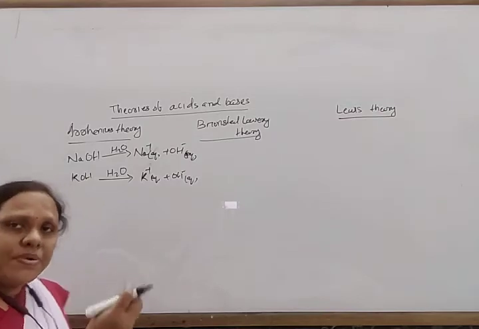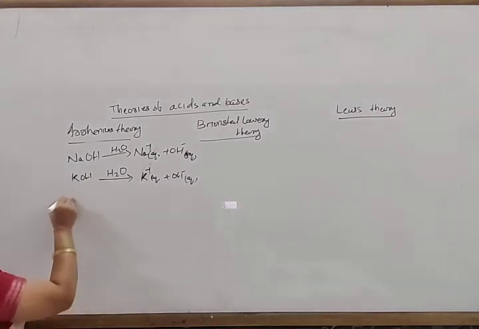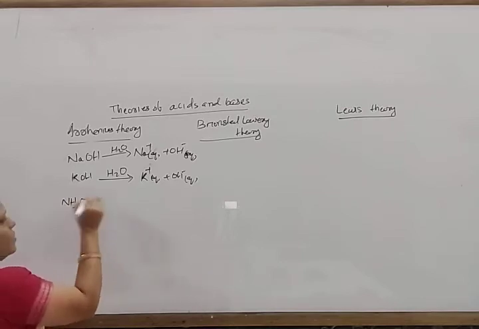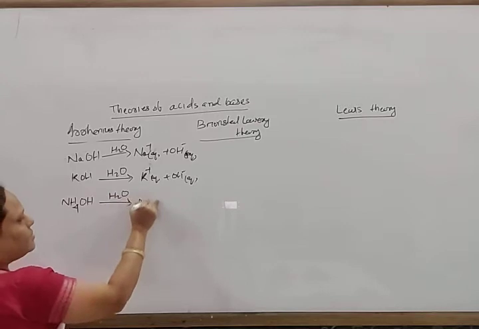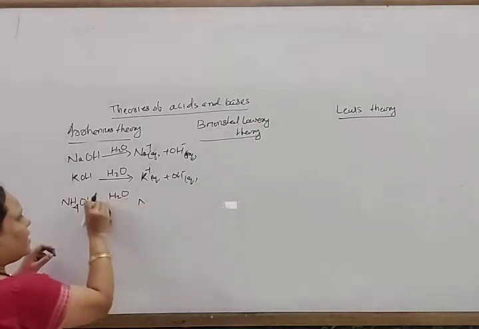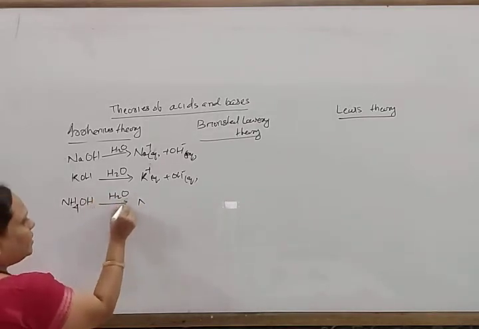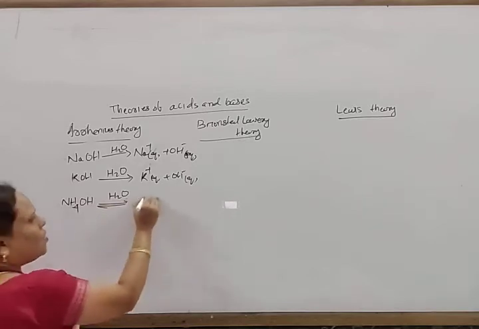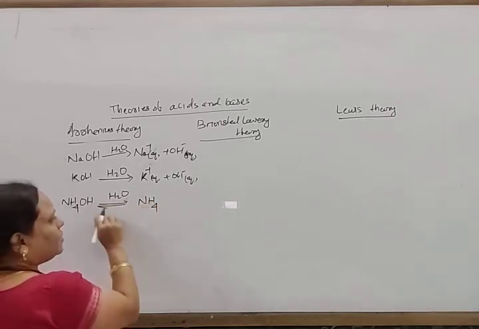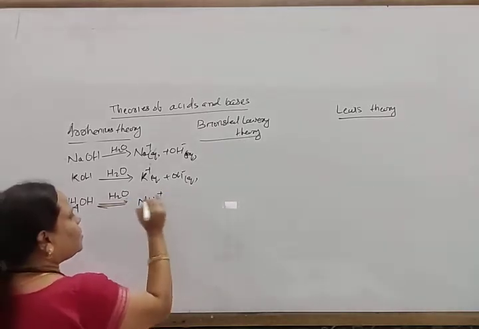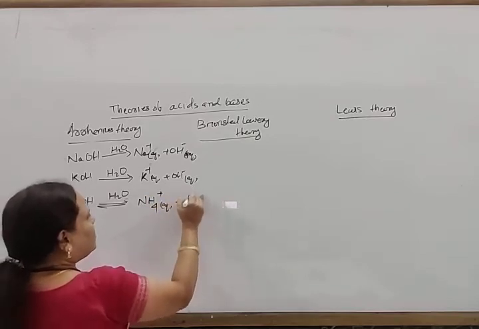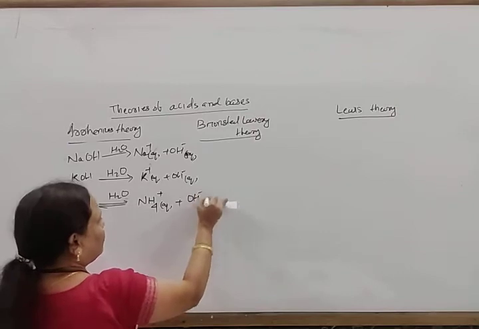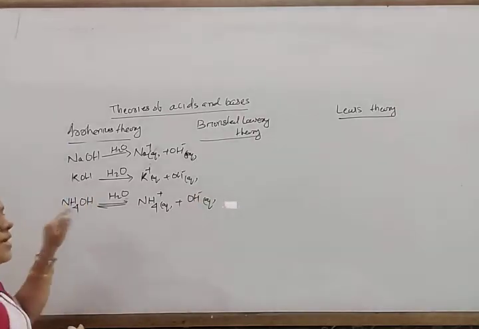Similarly, there are some weak bases, for example ammonium hydroxide. When dissolved in water, it does not undergo complete ionization, it undergoes partial ionization to form NH4 plus aqueous plus OH minus aqueous. So these are bases.